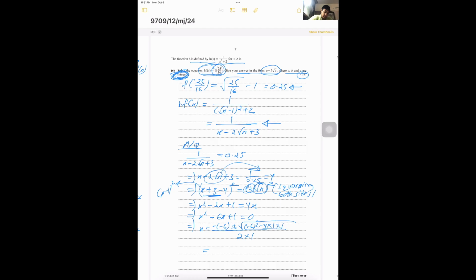This gives me 3 plus 2 root 2. Since all of these are positive, this will be your solution. Therefore a equal to 3, b equal to 2, c equal to 2.